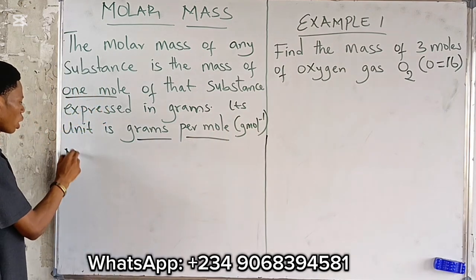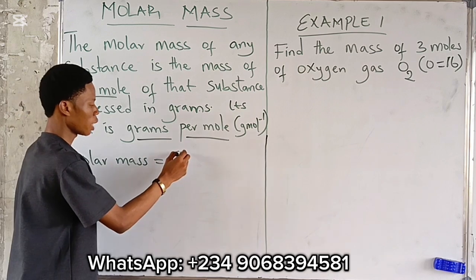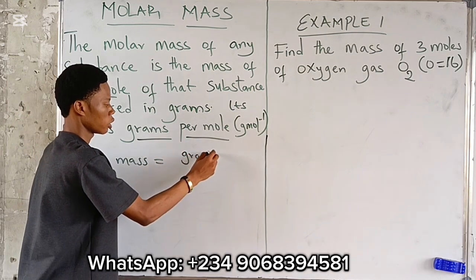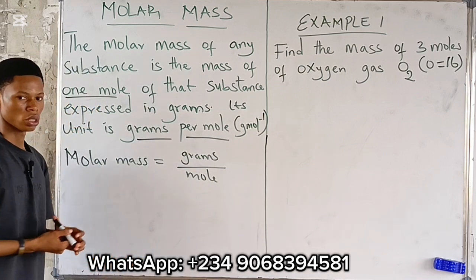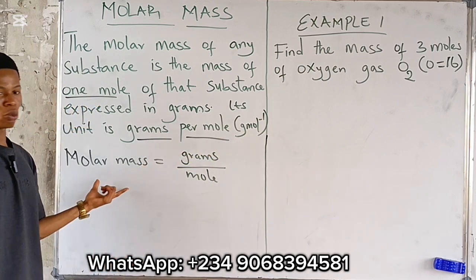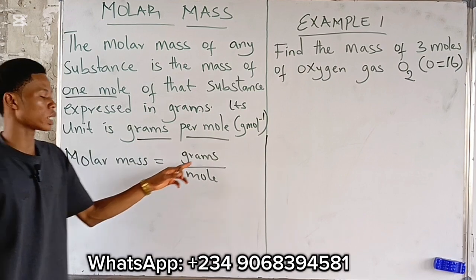So you can see that the unit of molar mass is grams per mole. From the units, we can get our formula. If you're asked to calculate molar mass, you already know the unit is grams per mole.